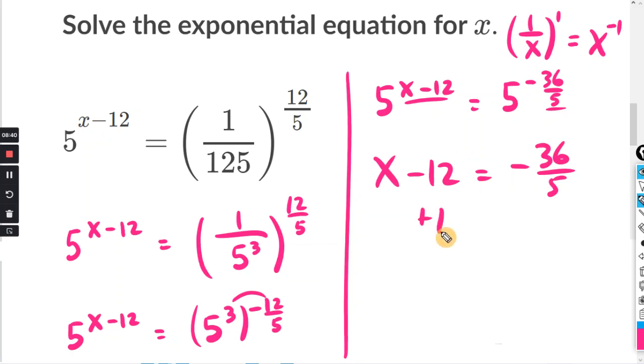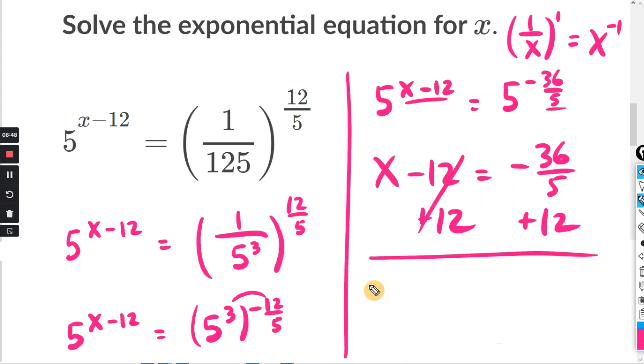Okay, adding 12 to both sides. All right, 12 minus 12 cancels. And we're going to need a common denominator. We have negative 36 over 5. Okay, we have to convert this to fifths. So 12 times 5 is 60.